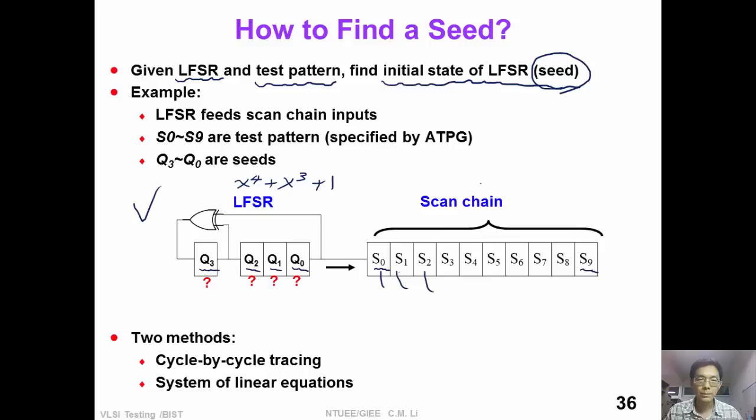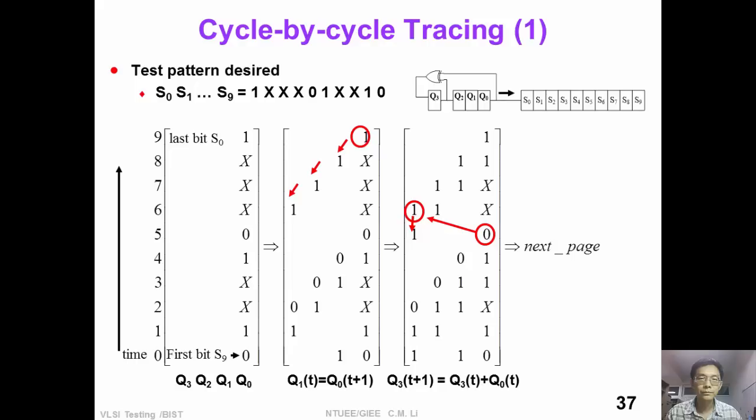Given this test pattern, we would like to find out the initial states of the LFSR. We have two methods. One is cycle by cycle tracing. The other one is system of linear equations. So let's start from the cycle by cycle tracing method.